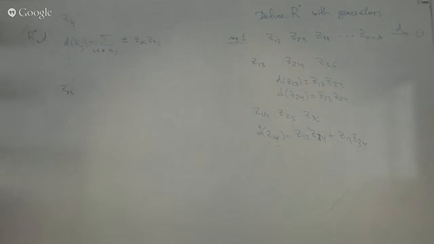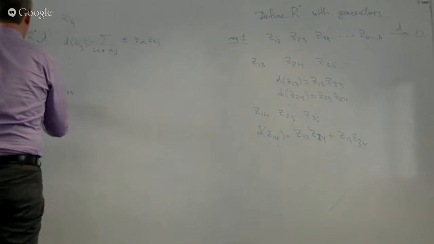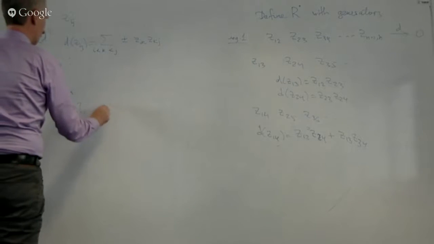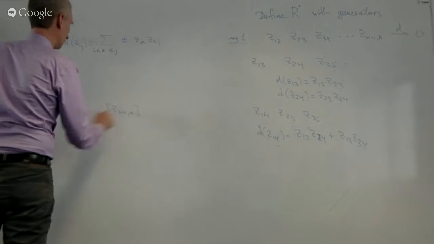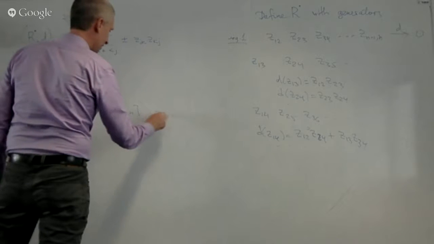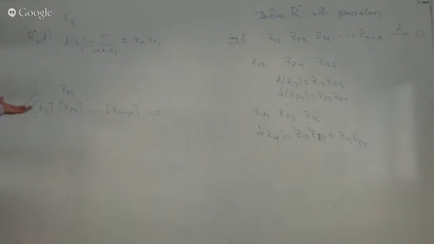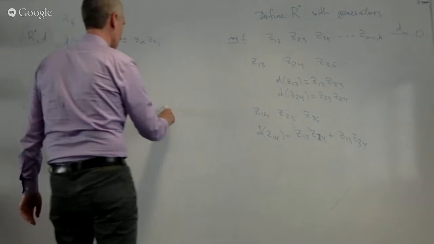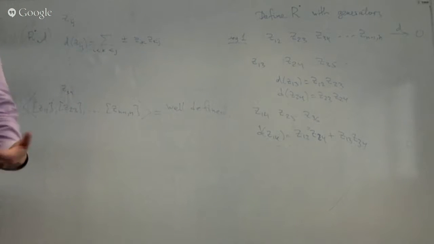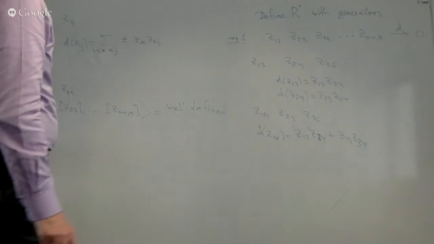let's define this differential graded algebra. In this algebra, the classes of Z12, Z23, up to Z(n-1)n, if the Massey product is defined, so it is well defined. You're claiming that the construction we made before should work here too?